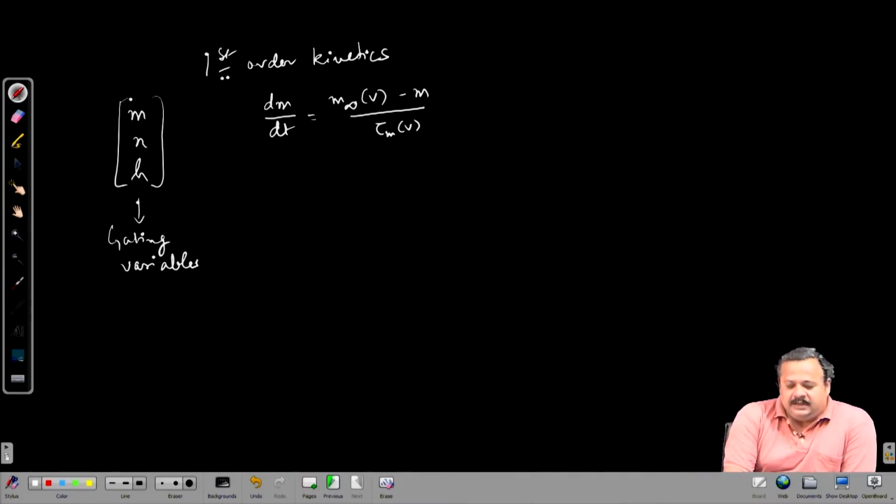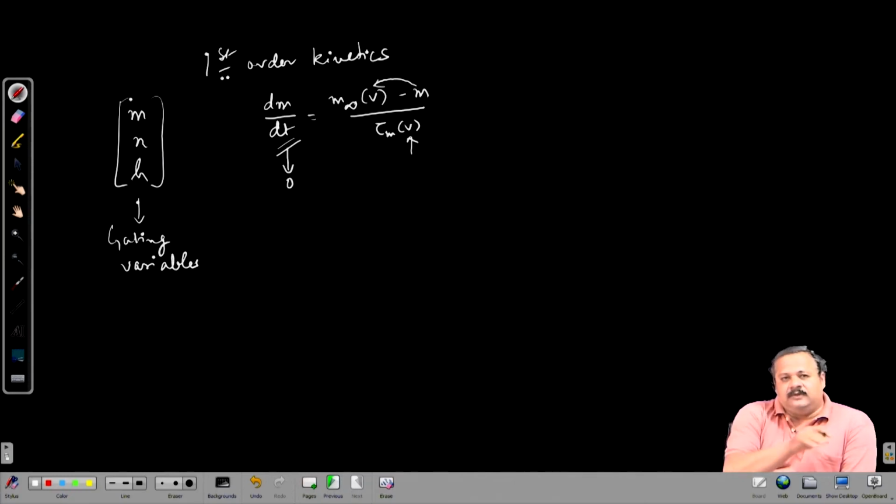So, what we are saying here is that if we hold the system at a particular voltage V for a very long period of time, so that steady state is reached, in other words this dm/dt goes to 0 in steady state, then obviously m will reach m infinity V as dm/dt goes to 0.